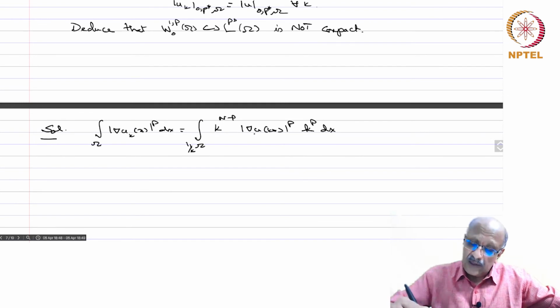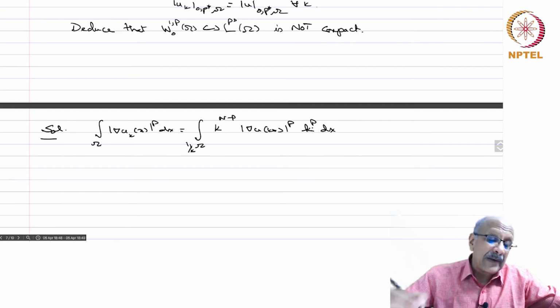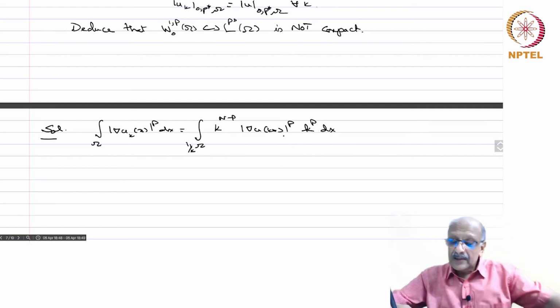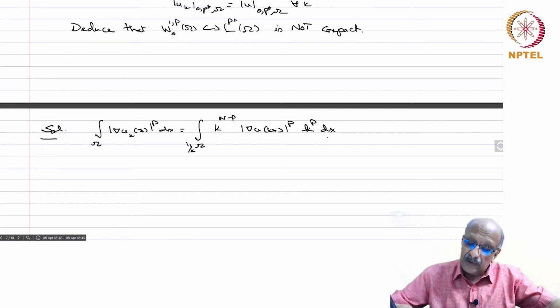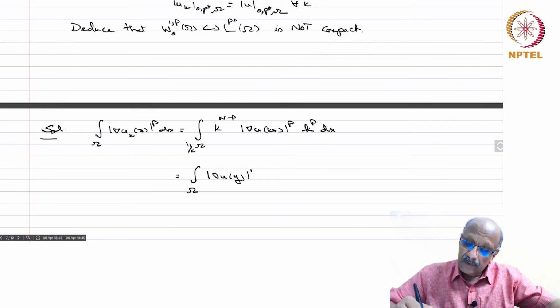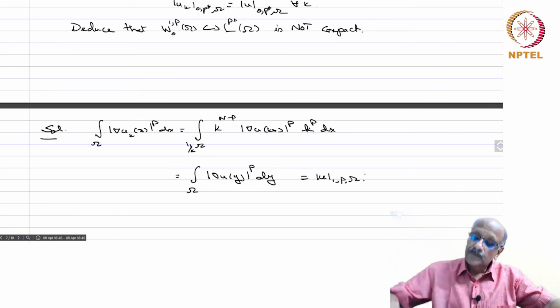So I pick up a k every time. Now if you make a change of variable kx equal to y, then k^n dx will be dy, and k^{-p} and k^p cancel. So this becomes the integral on omega of mod grad u of y to the power p dy, which is equal to the W^{1,p} norm of u.